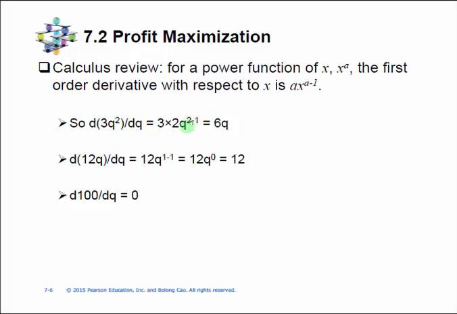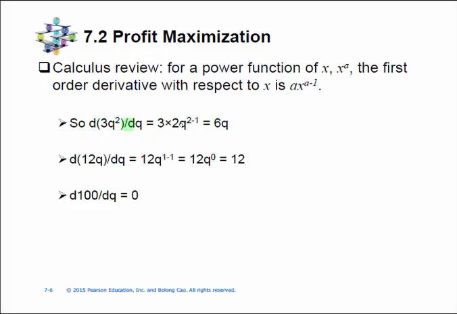And the new power, after first order differentiation, is the original power 2 minus 1. So q to the 1st power is just q itself. So now what do we have? We have 3 times 2 times q, that's 6 times q. So when you see a constant times q squared and you want to differentiate, you just use the constant times the power and put q behind it. So 3 times 2 times q.